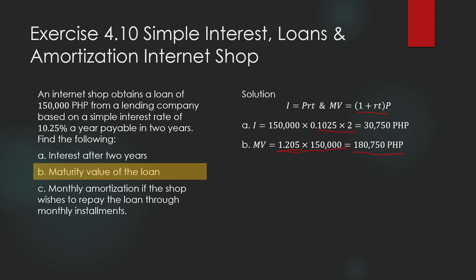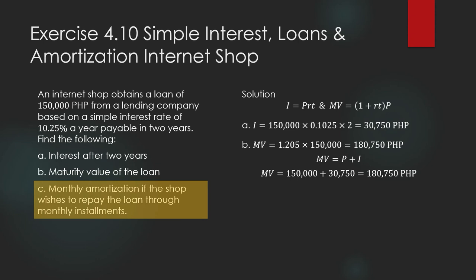That is the maturity value of the loan. We can also arrive at the same answer using the maturity value of a loan is equal to the principal plus the interest earned after 2 years. So our principal is 150,000 pesos. This is the interest after 2 years. And so we just add the two. And the result is the same, 180,750 pesos.